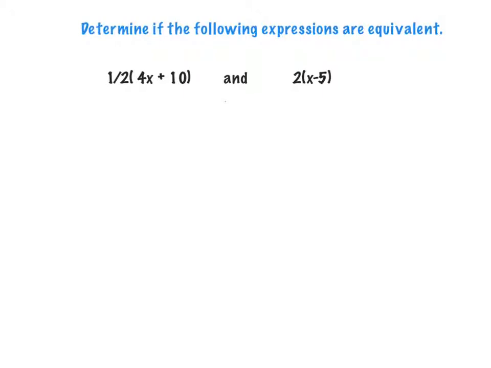This time, both of the expressions have distributive properties, so I want to write both in simplest form. So a half times 4 is going to be 2x. So think about writing a half times 4, which we would need to do 4 over 1. So that would give me 4 over 2. So 4 divided by 2 is where I'm getting 2x. Then a half times 10 is going to be 5.